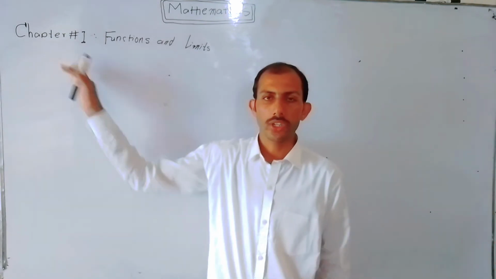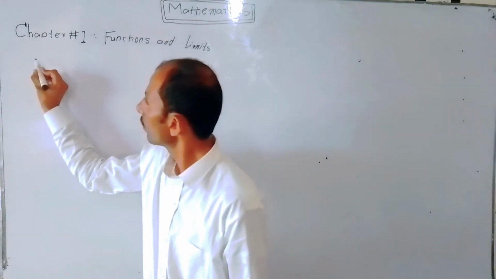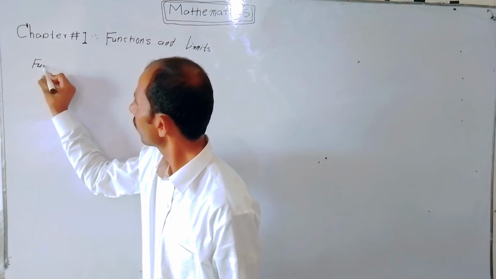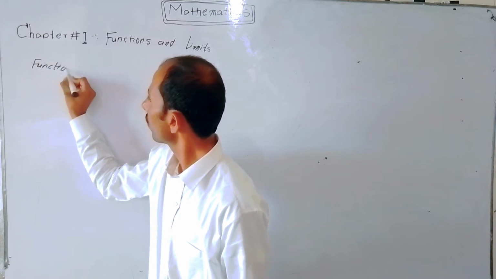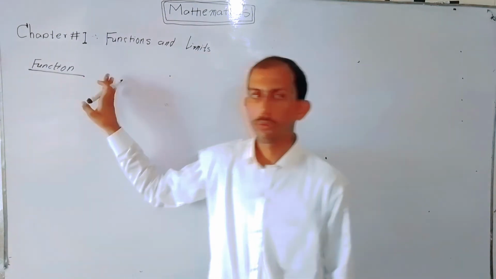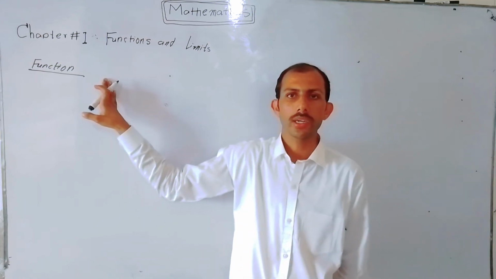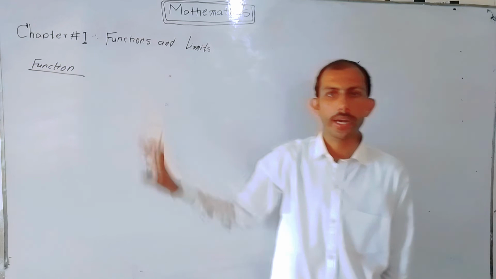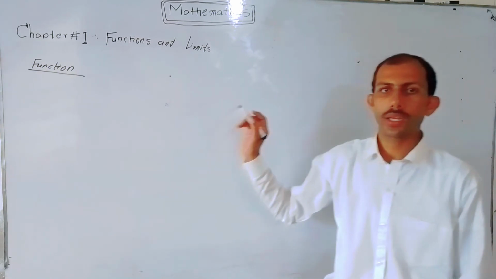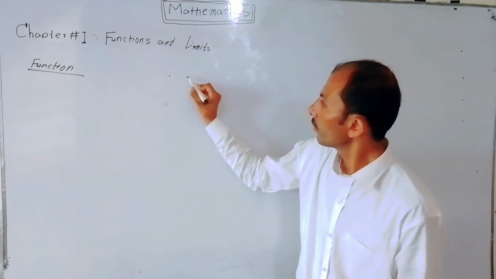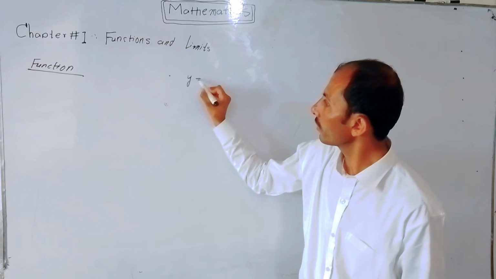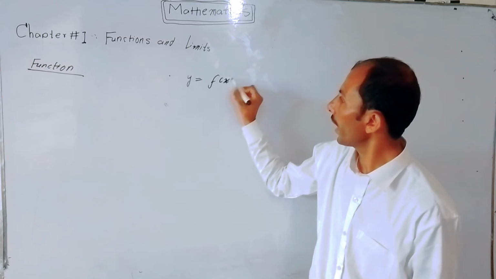First of all, function. A function basically depends on two variables, one dependent variable and the other independent variable. Let us suppose y is equal to f of x.